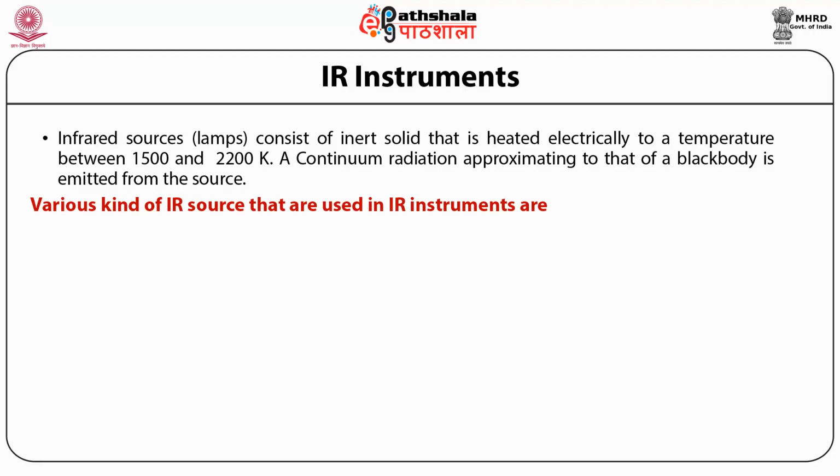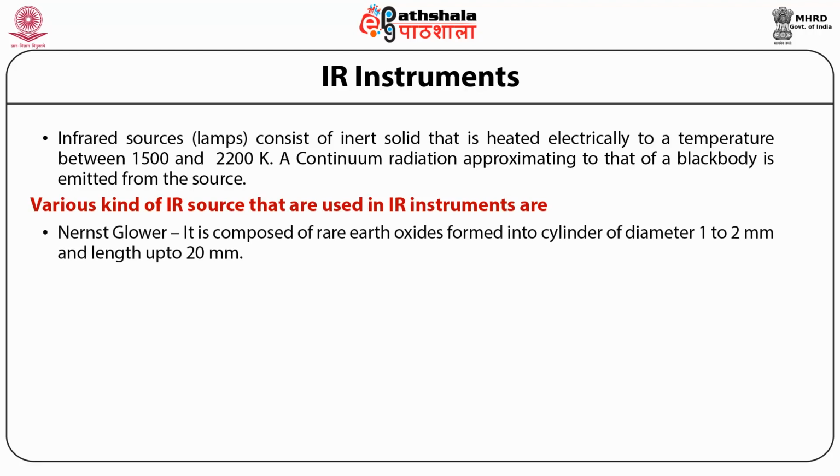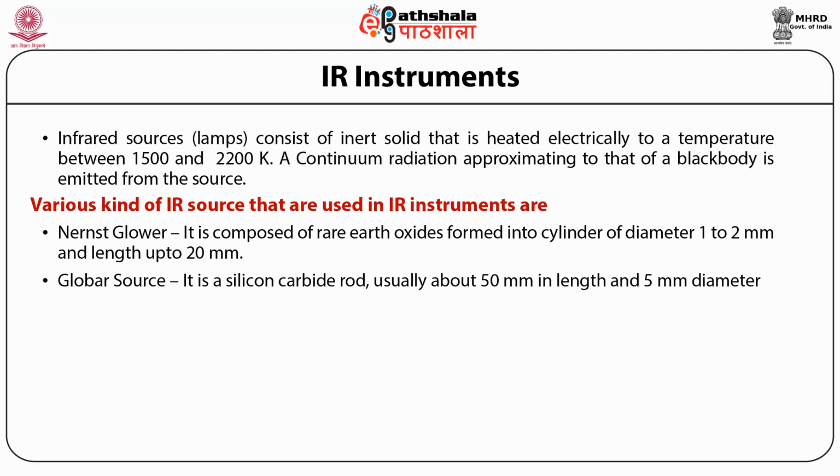Various kinds of IR sources used in IR instruments are, first, the Nernst glower. It is composed of rare earth oxides formed into a cylinder of diameter 1 to 2 mm and length up to 20 mm. Next is the globar source. It is a silicon carbide rod, usually 50 mm in length and 5 mm in diameter.